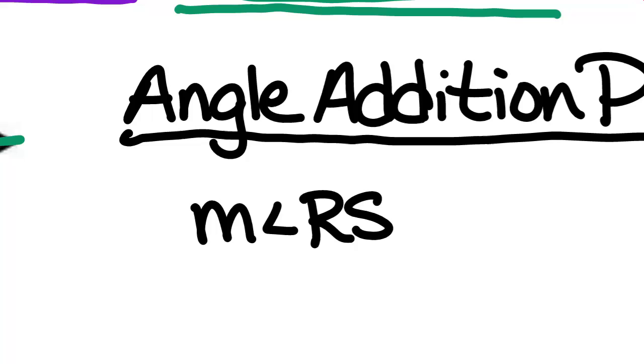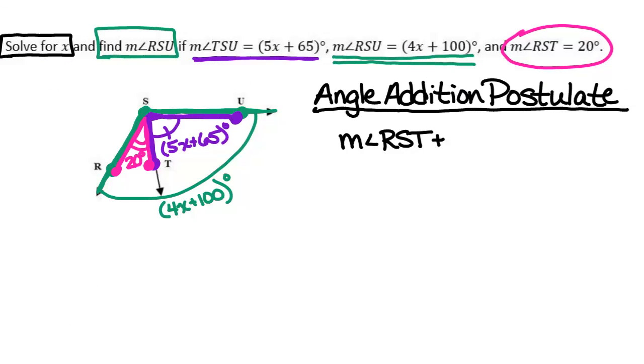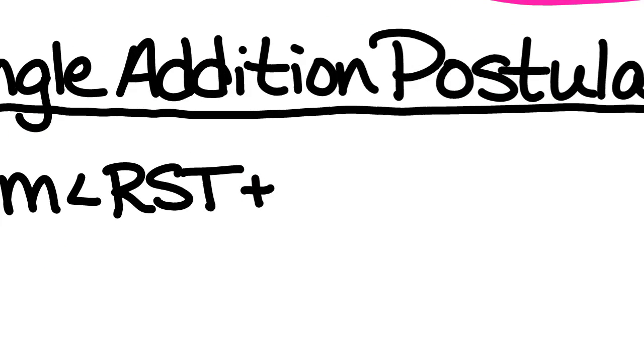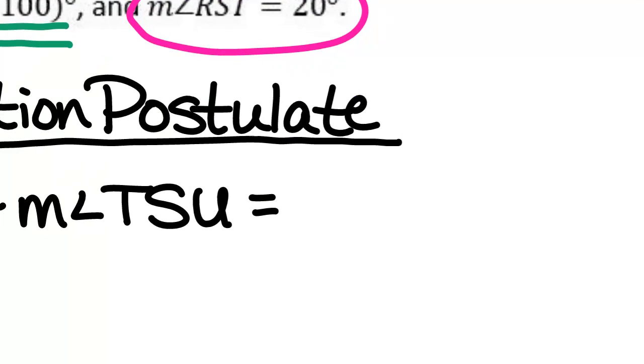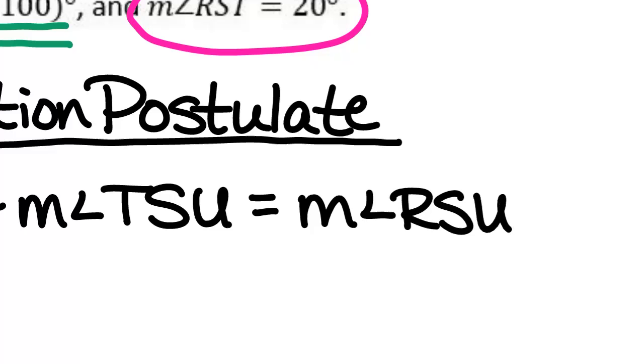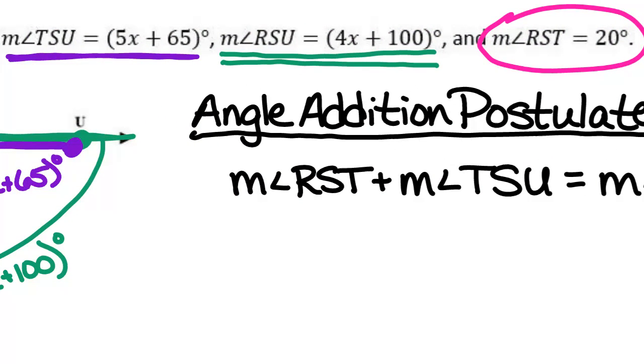RST. What's the other smaller angle? TSU. So RST and TSU get put together to make what larger angle? RSU. That is my angle addition postulate.